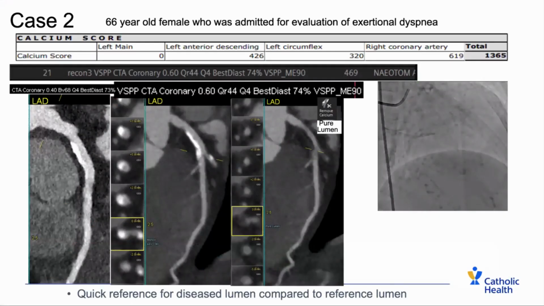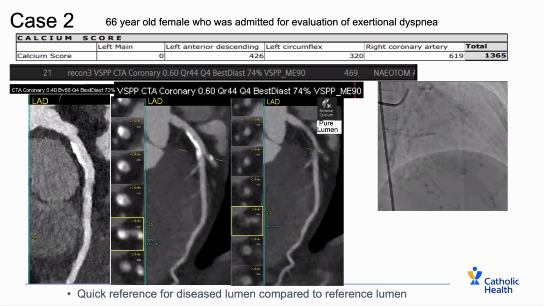Another feature of this, because of the spectral features, is that we have the ability, after the fact, to remove calcium. You can see in the image towards the right, third panel, where it says pure lumen, that we've actually artificially removed the calcium. And that allows us to see just the lumen.